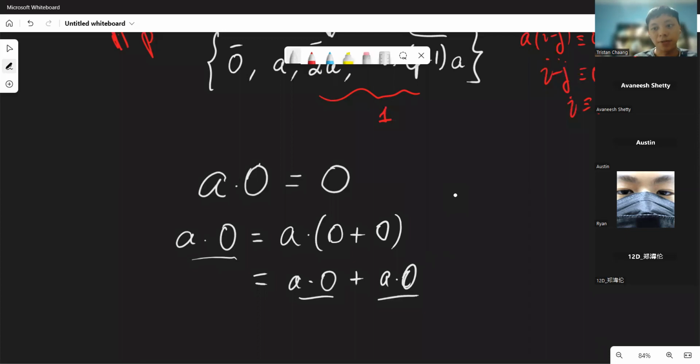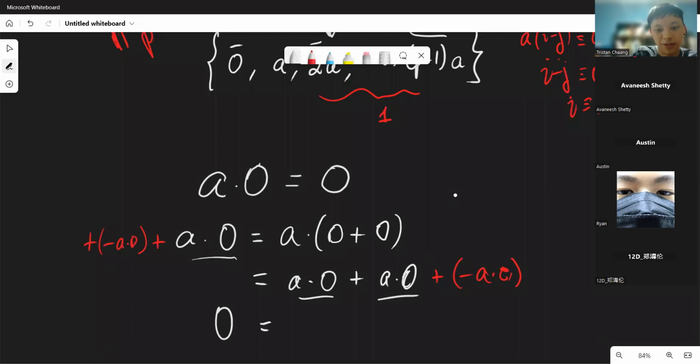Again, we want to be careful. We don't say we can cancel both sides. We say we can add the additive inverse of A dot 0 on both sides. Then now, by the definition of additive inverse, this becomes 0.